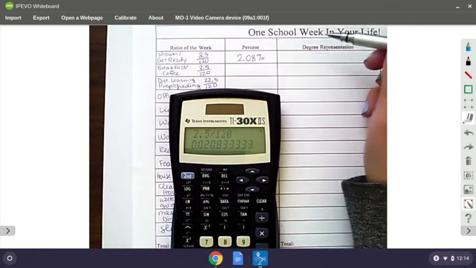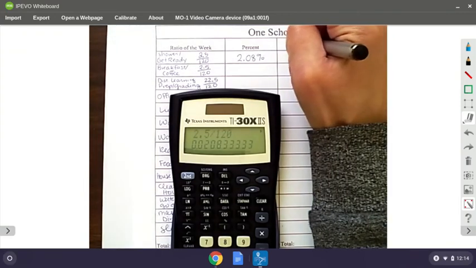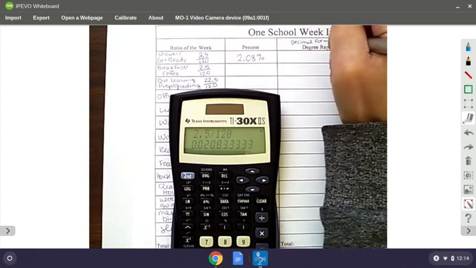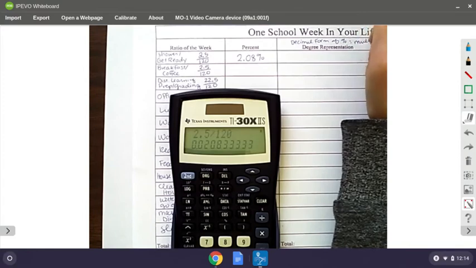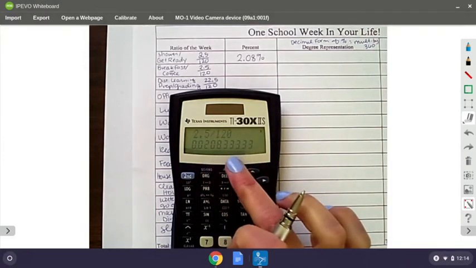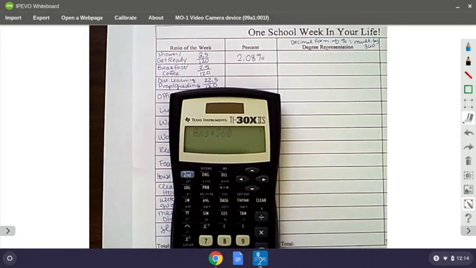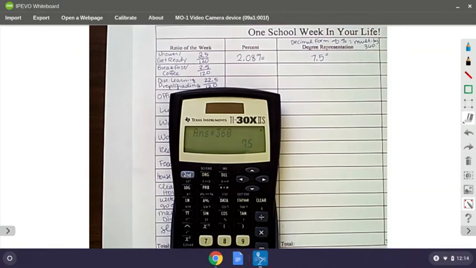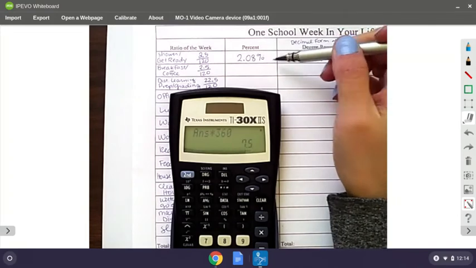The reason why I say that is to get the degree representation, you take the decimal form of the percent and multiply by 360. So it's easier if you just have that decimal in your calculator, and then you just have to do times 360. And so this is 7.5 degrees. And so basically what that means is it's taking 2% of 360.